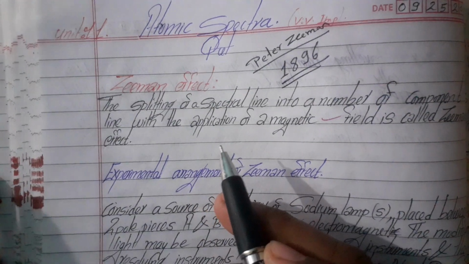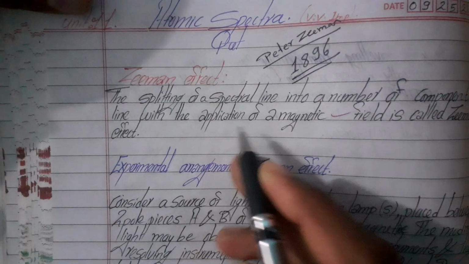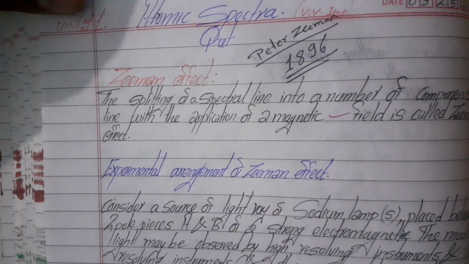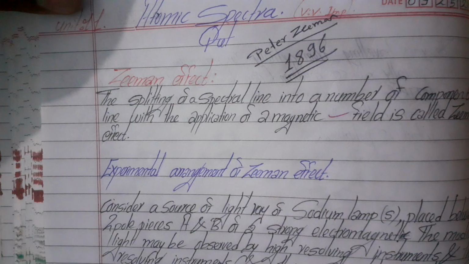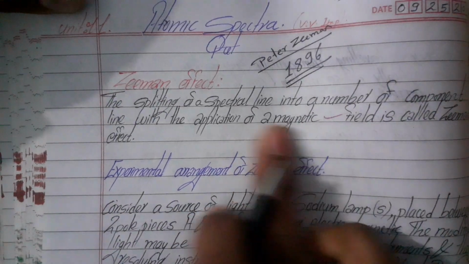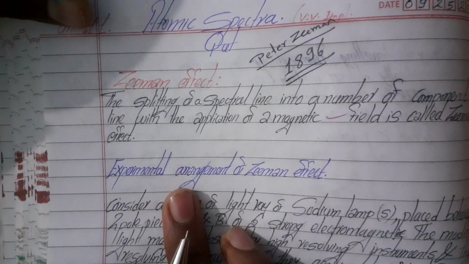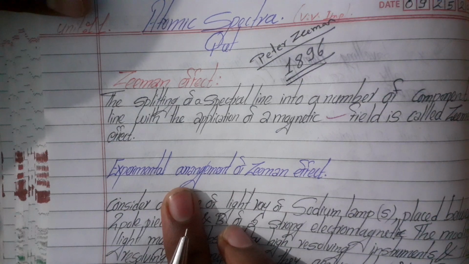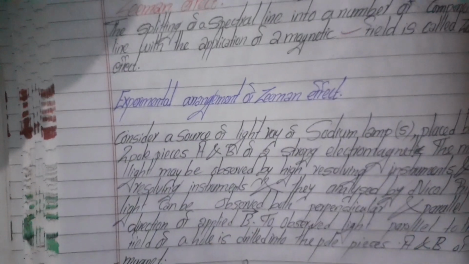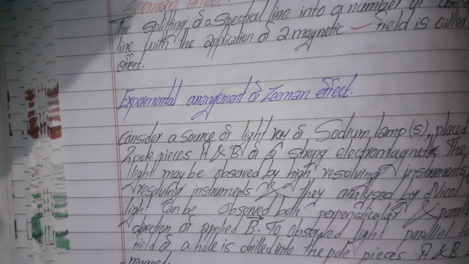And in this, we can say that the spectral line is divided into a number of components with the help of a magnetic field. And this theory is given by Peter Zeeman in 1896.